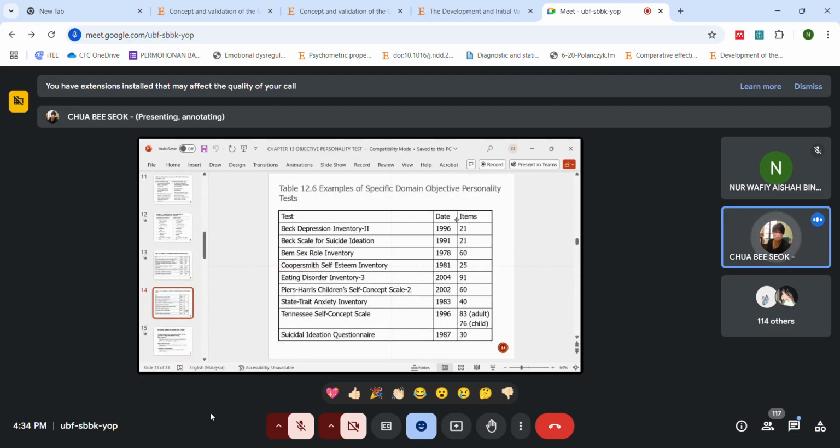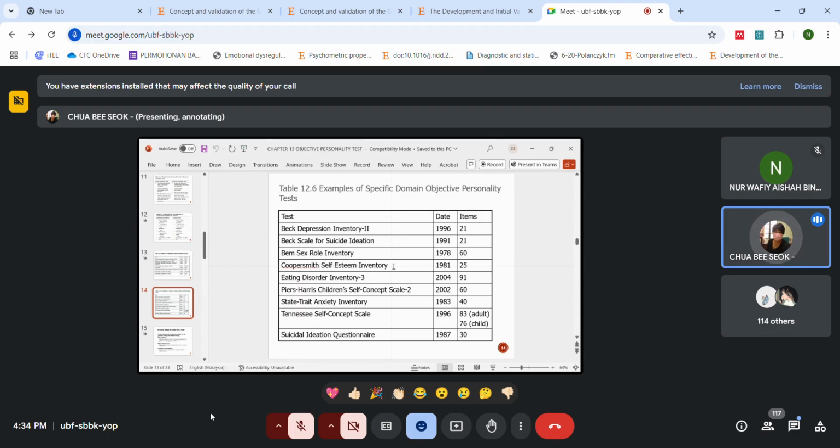For the specific domain, these are the specific domain tests. Of course, not only these, they have many personality tests, either for the comprehensive, also for the specific domain. So we have the Beck Depression Inventory, the Beck Scale for Suicide Ideation, Bem Sex Role Inventory, Coopersmith Self-Esteem.